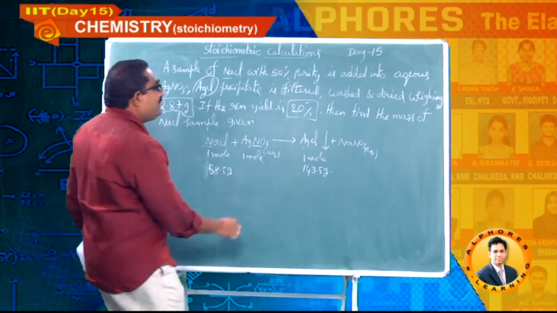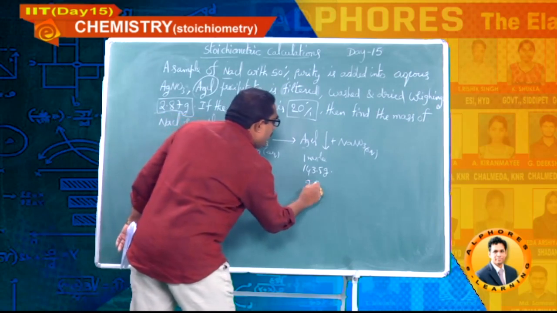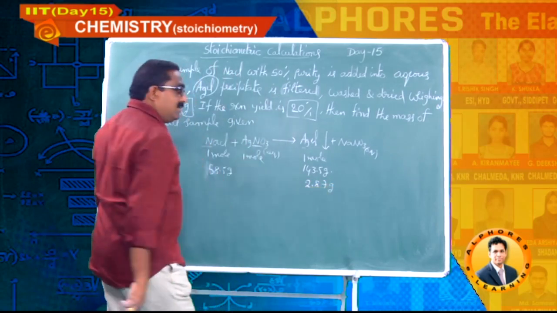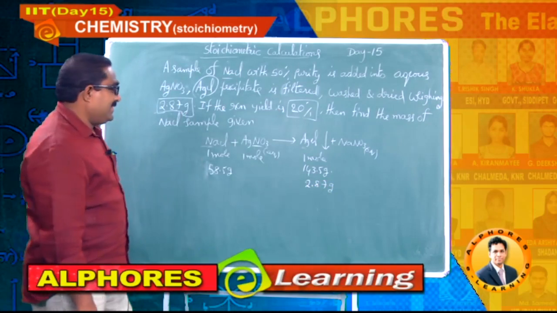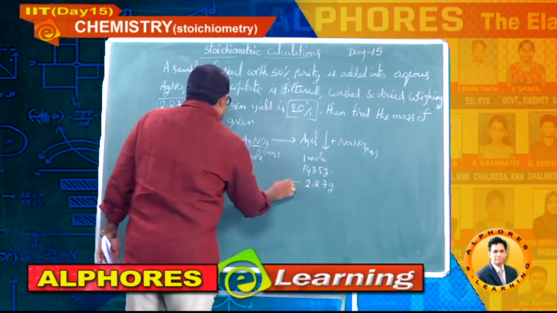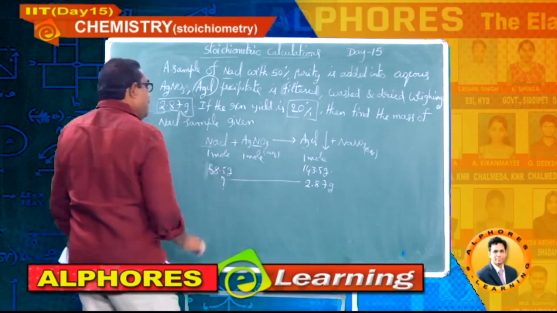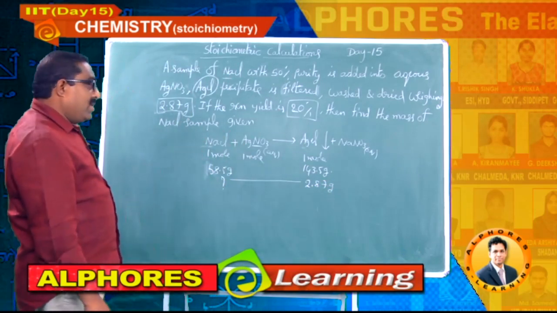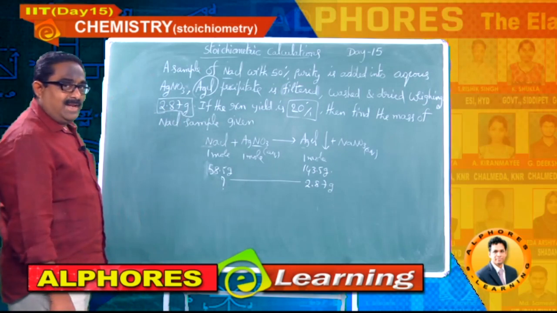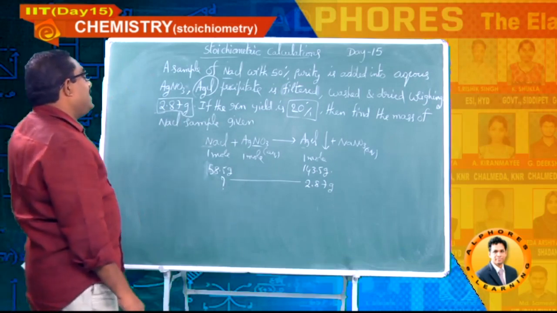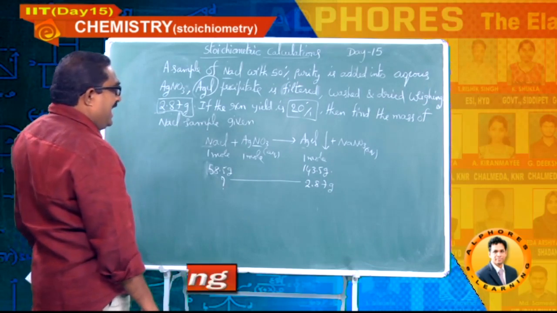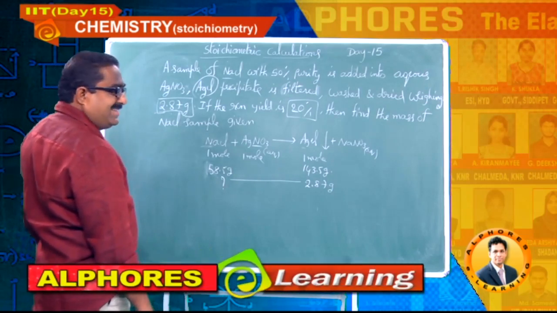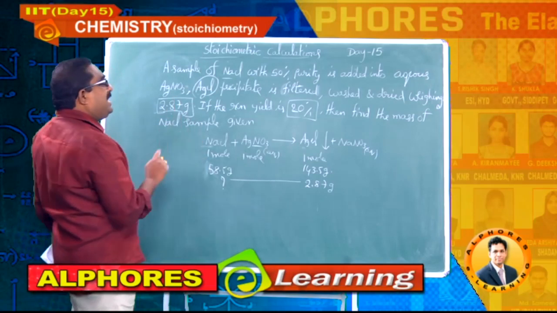Sodium chloride. So if it is 2.87 grams, what will be the mass of 58.5? And moreover, he is saying the percentage yield is only 20%.